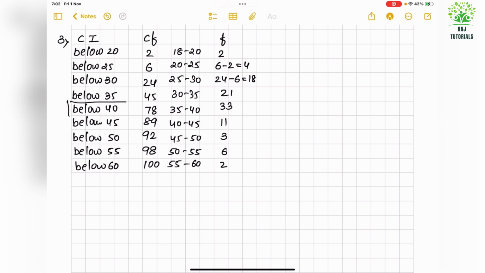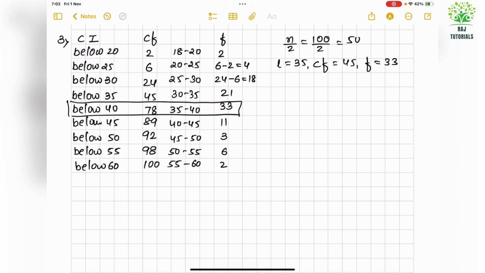Now if I see, the maximum value is 33. So n by 2 is 100 by 2, so 50. So 50's value will come in the 33 group. So L equal to 35, CF equal to 45, F equal to 33, H equal to 5.